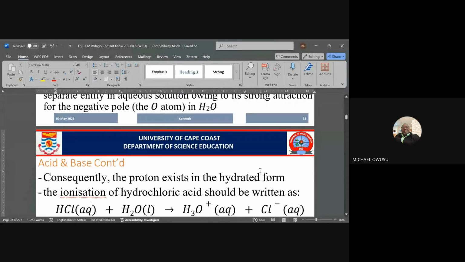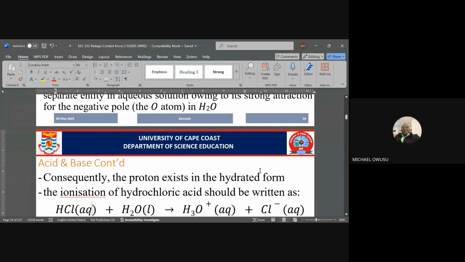So it's a very small charge that we have on that. Consequently, the proton exists in the hydrated form. When we say it exists in hydrated form, what do we mean? More like surrounded by water. So what we are saying is that when you ionize HCl in aqueous solution, that's in water, the water itself will be ionized. Do you agree?